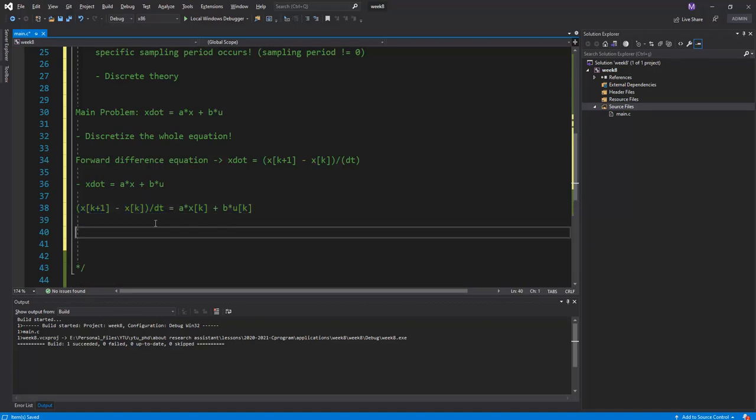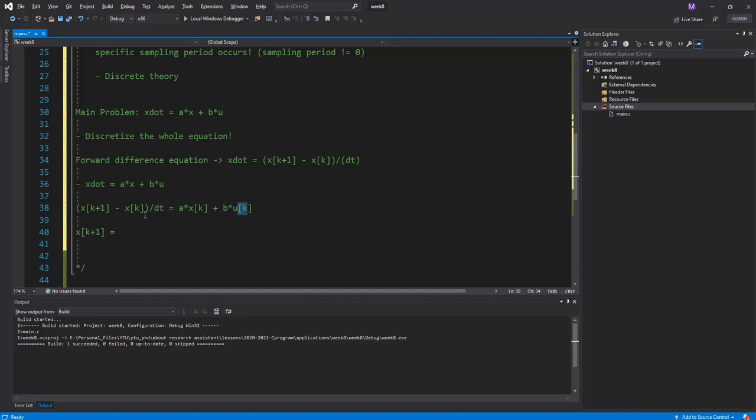How can we reorganize this equation form in order to process it in the C programming language? You should remember that x k plus 1 is equal to what? Is equal to this term, and so x k plus 1 should be generated by the programming language or the codes. Okay, because the k values are the present value, or we have this kind of values in the program.